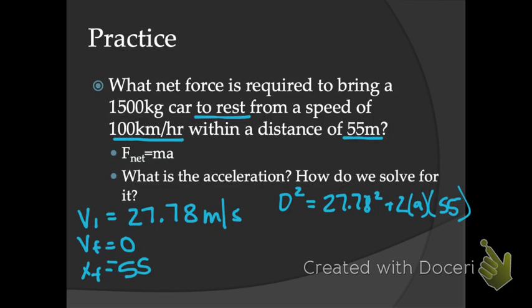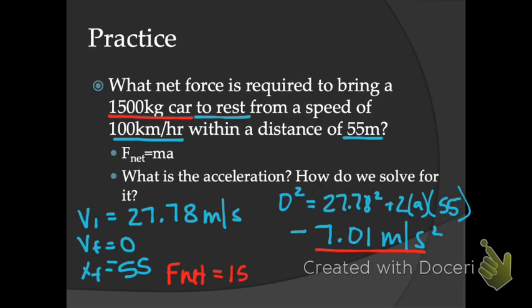So my acceleration is negative 7.01 meters per second squared, I believe. Okay. And so once I have that, I'm going to be able to take this and my mass and solve for my net force. F net equals 1500 times negative 7.01.